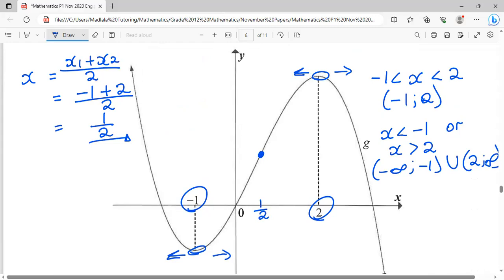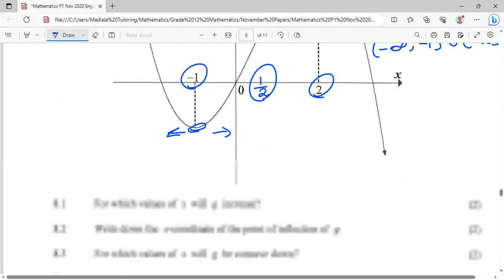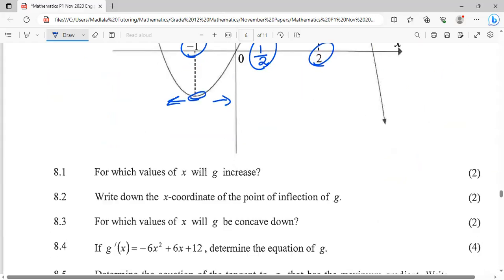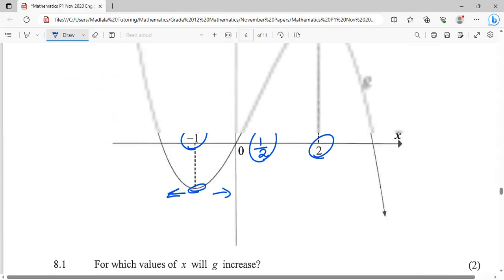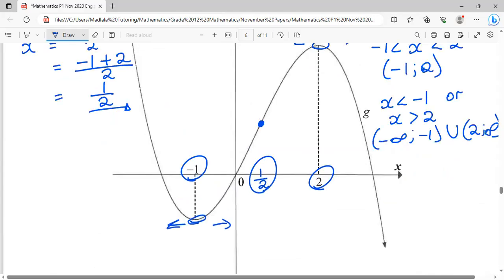So at exactly half, the function will change. So what am I saying? I'm saying all the way from negative infinity up until half, the function is going to be concave up. But the question said, where is it concave down? So it's going to be concave down all the way from half up until positive infinity like that. So concave down meaning it's facing up. So that's how you tell them.